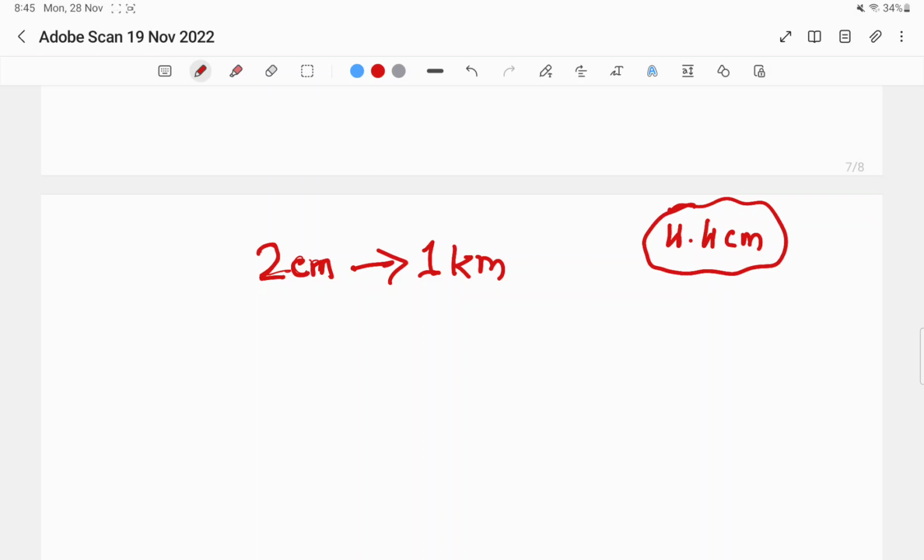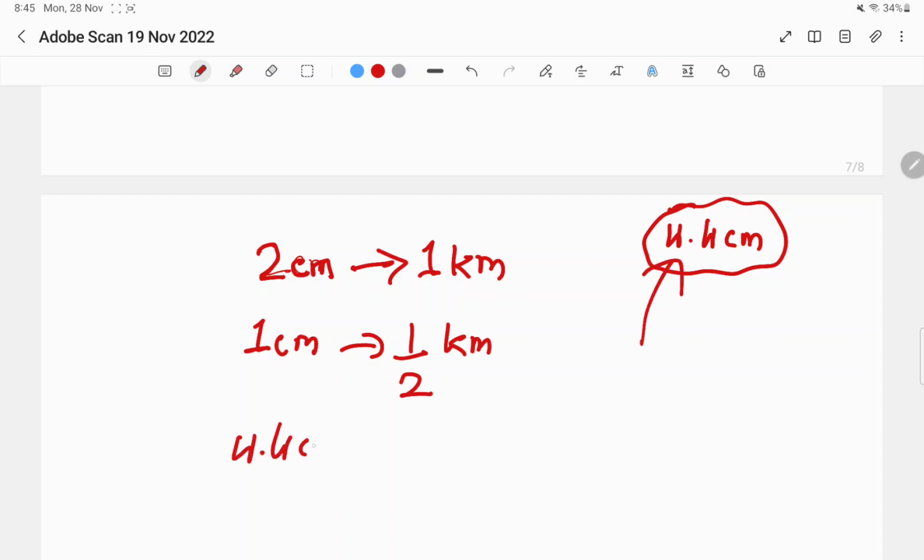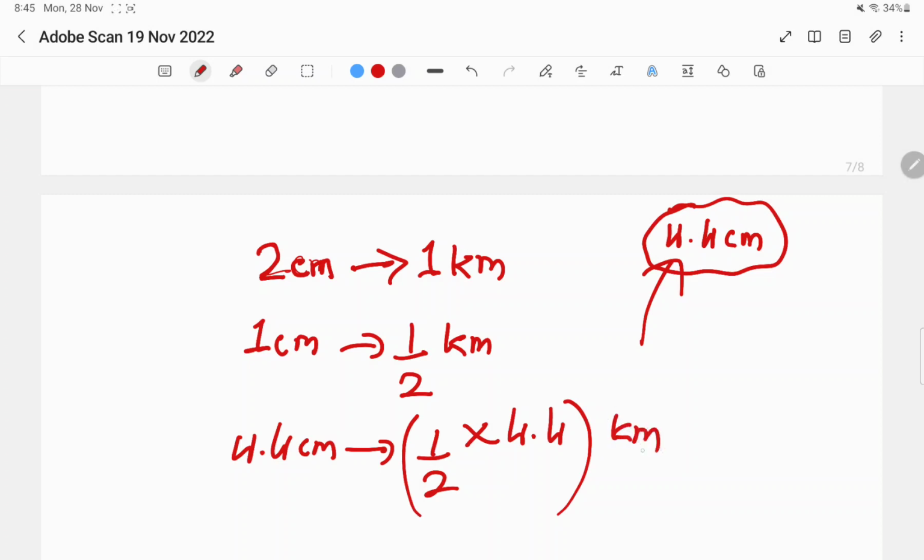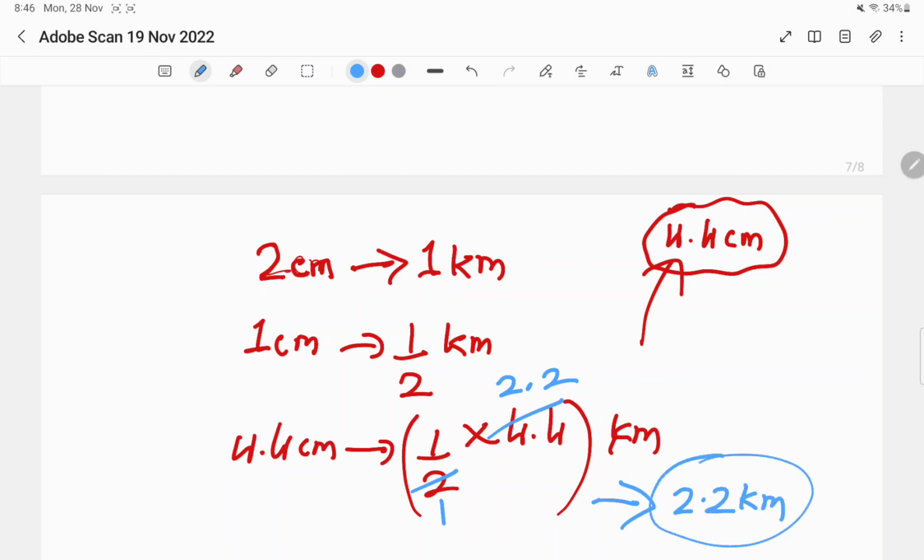If 2 centimeters is equal to 1 kilometer of actual distance, then 1 centimeter will be 1 by 2 kilometers, and 4.4 centimeters will be equal to 1 by 2 multiplied by 4.4 kilometers. Let's just divide it: 2 ones are 2, 2 twos are 4, and 2 twos are 4. So that will come out to be 2.2 kilometers of actual distance.